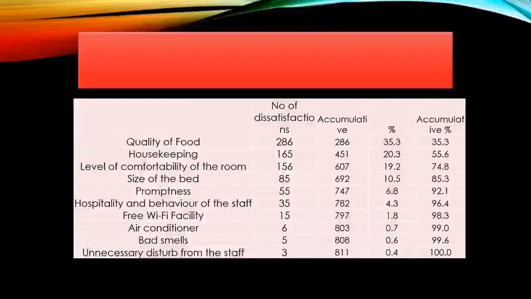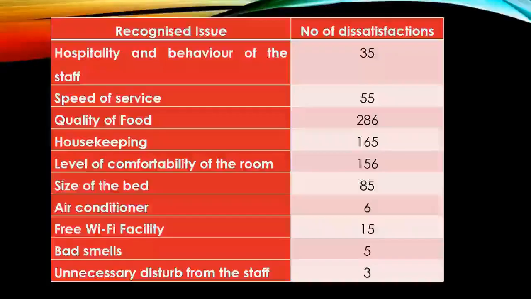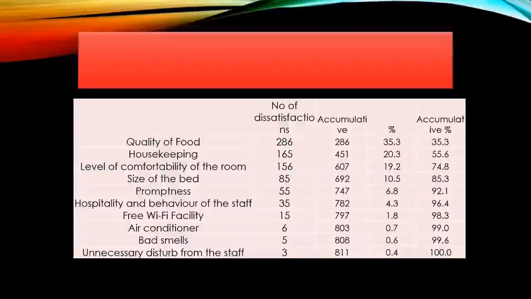Go and see: quality of food, housekeeping, level of comfortability of the room, size of the bed, promptness, hospitality and behavior of the staff, free Wi-Fi facility, air conditioner, bad smell and unnecessary disturbance from the staff. Here, hospitality and behavior of the staff is the number one, but in my table I have used quality of food as number one.